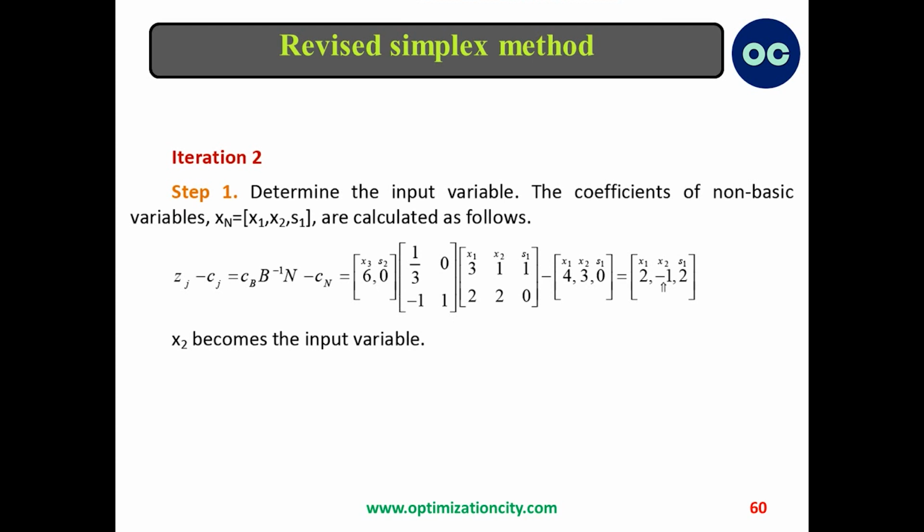In the second iteration of the algorithm, we perform the following steps. Determine the input variable. We calculate the coefficients of the non-basic variables in the objective function. Xn is x1, x2, and s1 as follows. So you can see that x2 is the input variable because this is the only variable that has a negative coefficient in the objective function.